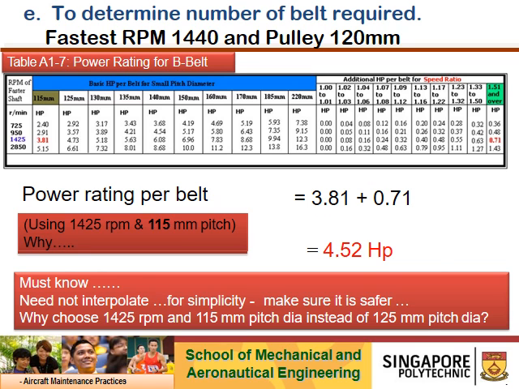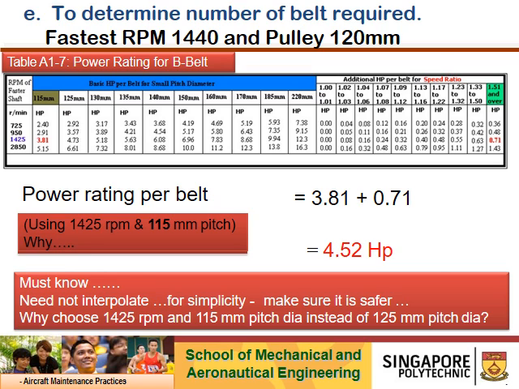Can you go to table A1-7? From the appendix, table A1-7 is for B belt power rating. Please take note that you have to use the correct belt section table for every question.